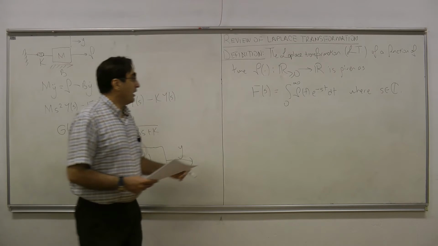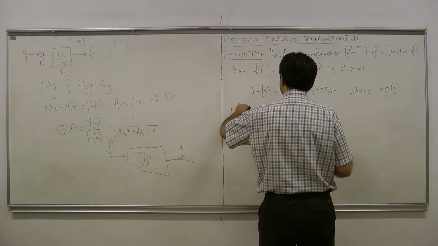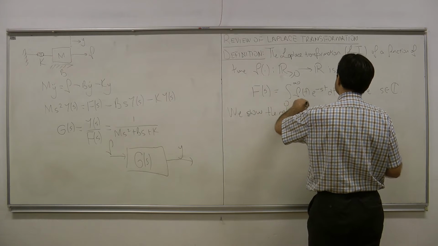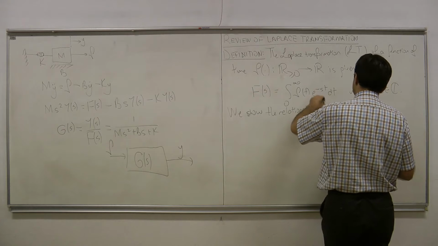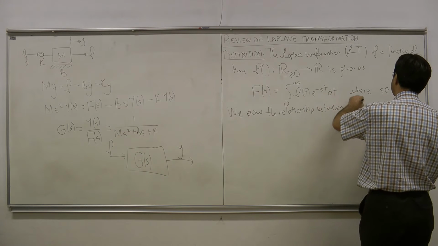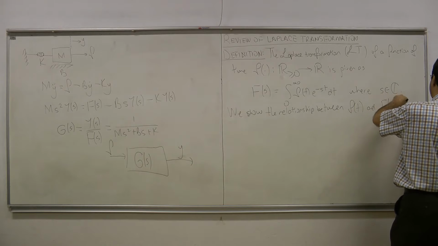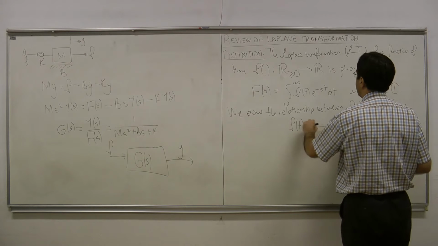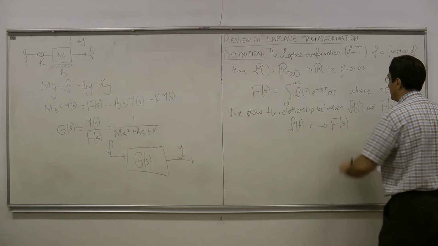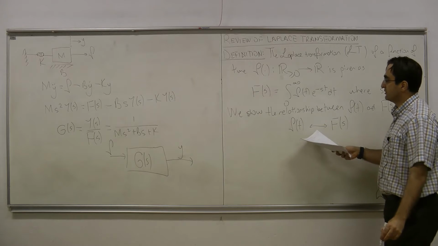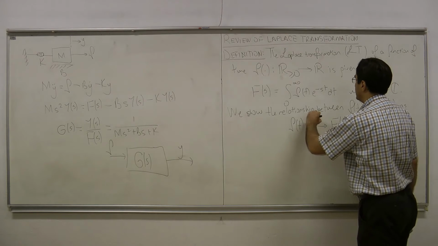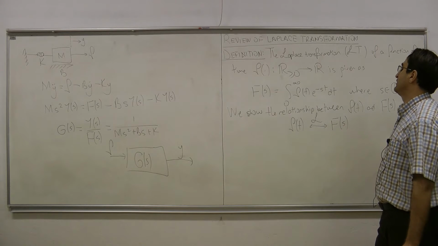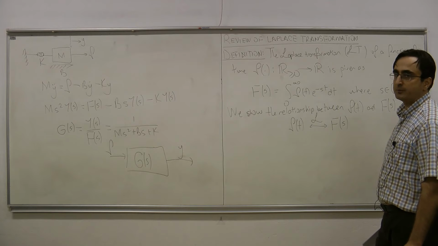So here, we show the relationship between f of t and F of s as, so I show that f of t has a Laplace transformation capital F of s using such a notation with an arrow here. Sometimes I will put here the capital L in order to show that this is a Laplace transformation relationship. All right?